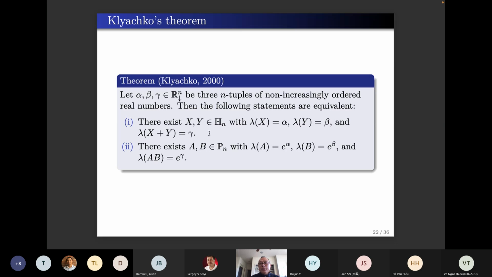This is the famous problem of sums of Hermitian matrices, and Klyachko was the first one to prove that. Another one is that you can do the same thing for positive definite matrices, and these two statements are the same.